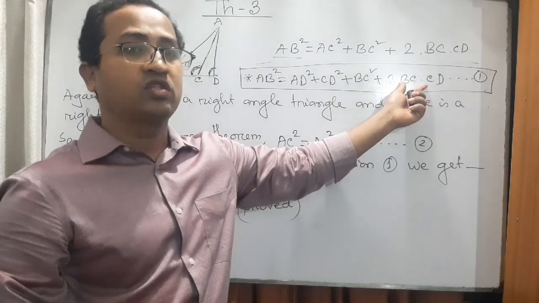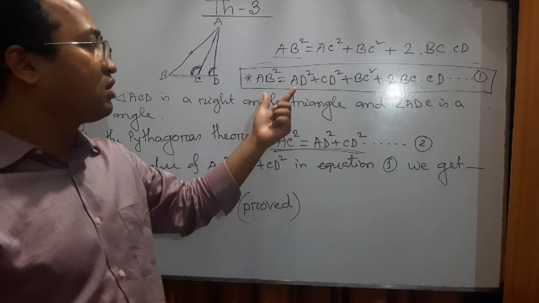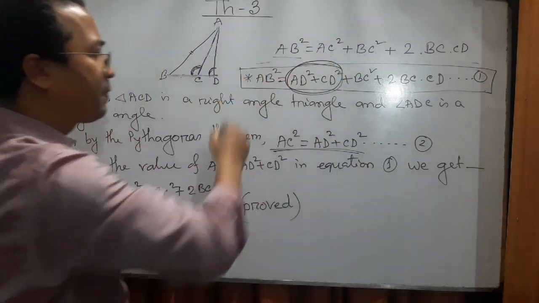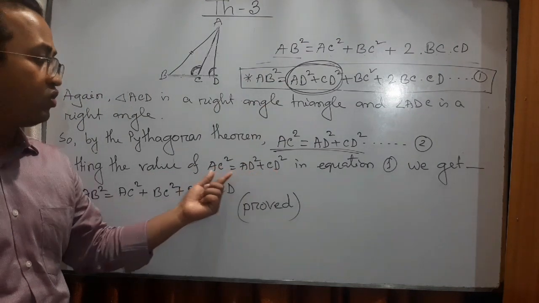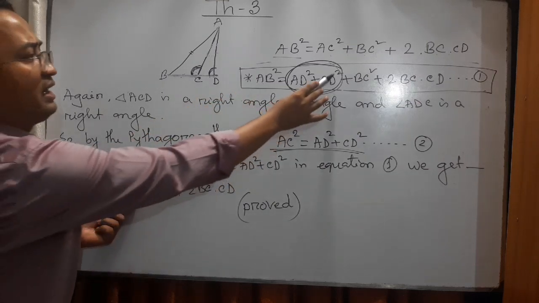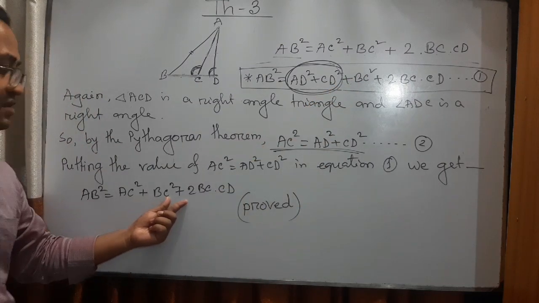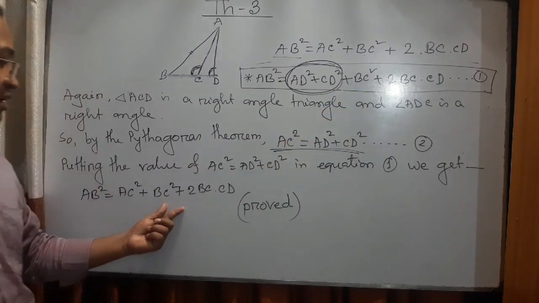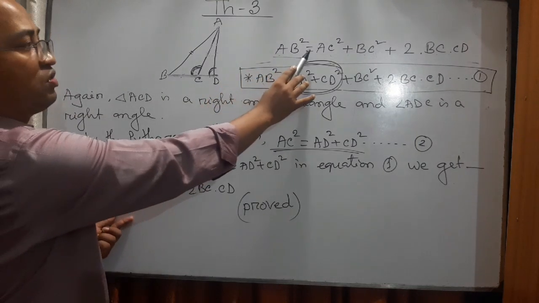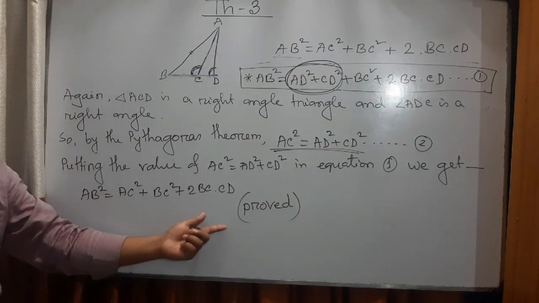So we put this value in equation number 1, and AD square plus CD square will be AC square. So AB square equals AC square plus BC square plus 2BC into CD, and this is our required equation.